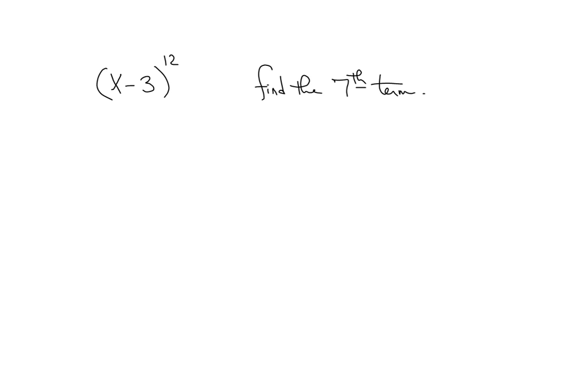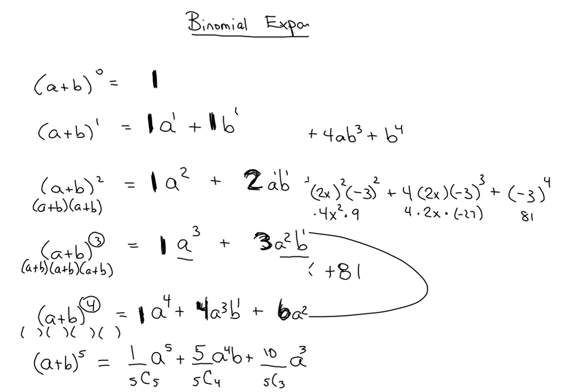Now, I want you guys to go back for this pattern, and let's look at this again. If I pick a particular term, first of all, the first term, what I want you to do now is focus on b. The first term always has b to what power? 0.